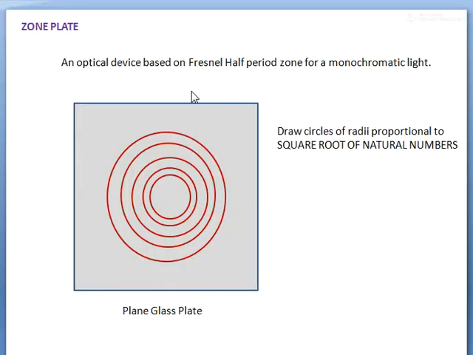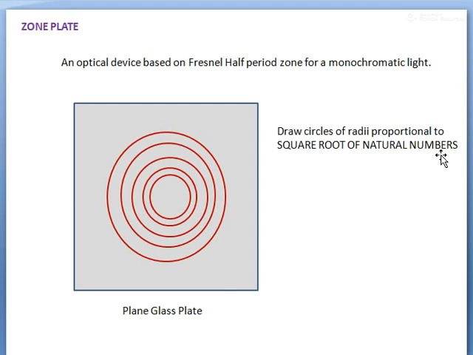Okay, so this is the glass plate, and on this glass plate I am going to draw some circles keeping a constant fixed center, and the radii of these circles are proportional to the square root of natural numbers. That means natural numbers 1, 2, 3, 4, etc.